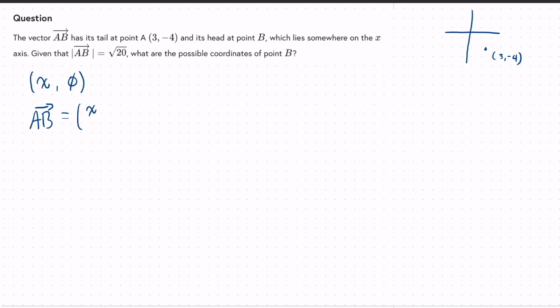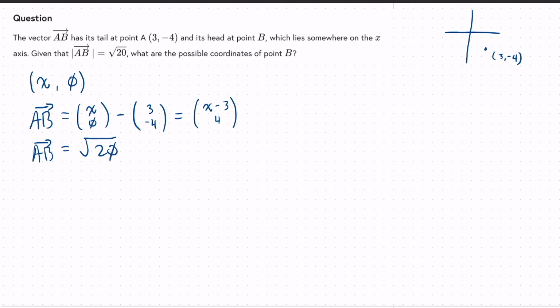I've got my x on the top, 0 on the bottom, and I'm finding the difference. That's equal to x minus 3. 0 minus minus 4 is 4. Okay, well, what else is that equal to? It's also equal to the square root of 20.